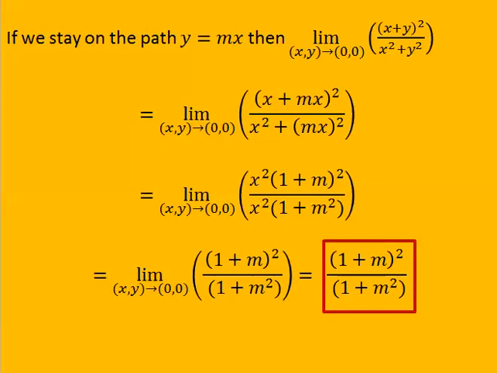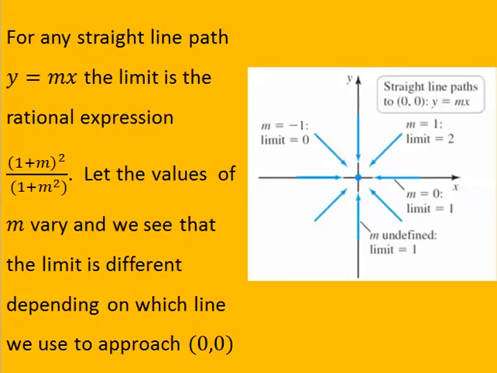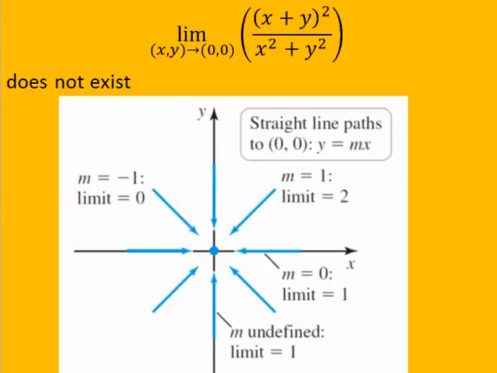If we stay on the path y = mx, then the limit is equal to this expression. For any straight line path y = mx, the limit is the rational expression given here. Let the values of m vary, and we see that the limit is different depending on which line we use to approach (0, 0). So we say that the limit does not exist.